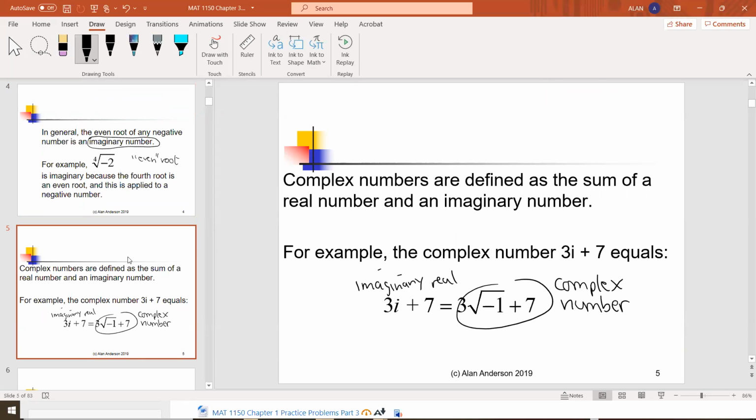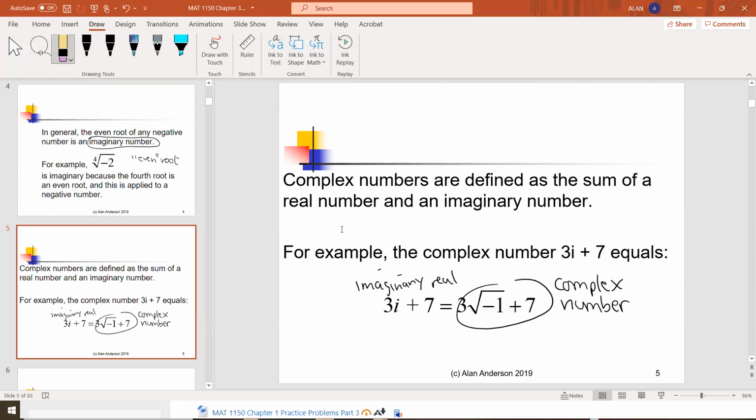Okay, you often hear those words used interchangeably, imaginary and complex, but if you want to be really technical about it, a complex number requires imaginary and real components, but it's based on the idea of an imaginary number like i. And in fact, this one can be expressed as 3i plus 7 or 3 radical -1 plus 7. It means the same thing.